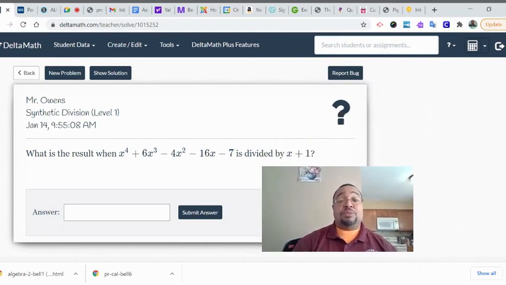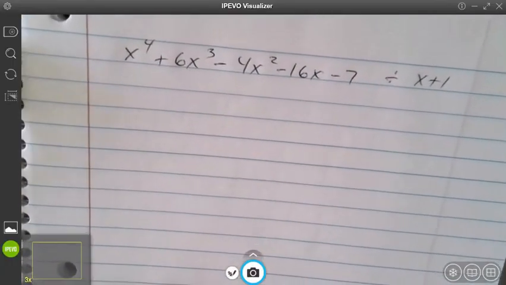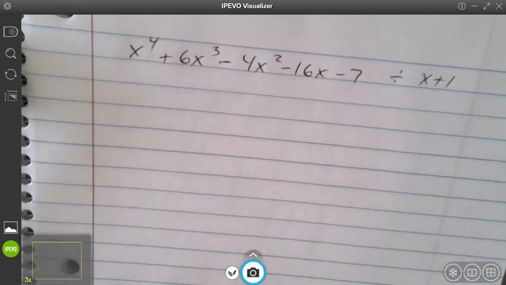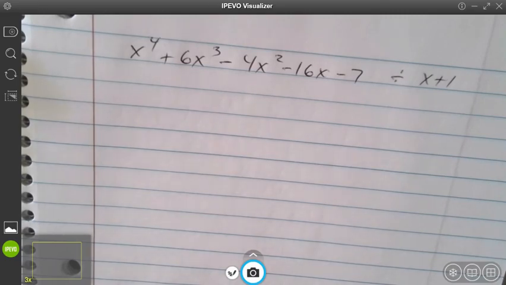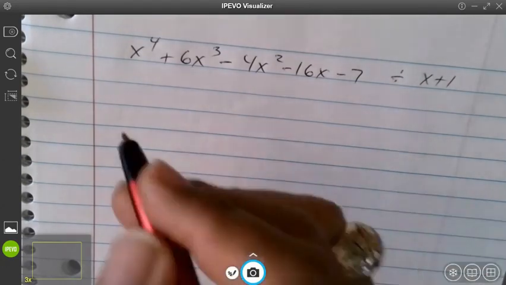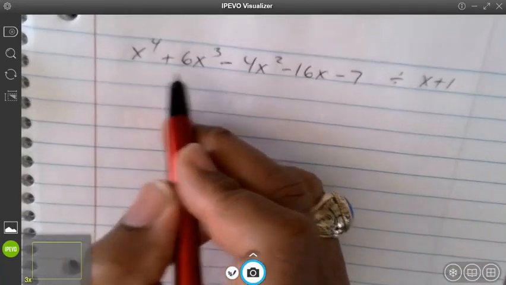All right, so let's pay attention right here. I'm going to show you how to do the synthetic division. Pay close attention. With synthetic division, you're only dealing with the coefficients. That's why you need to know how to put polynomials in standard form. I'm going to write all of the coefficients of the polynomial.